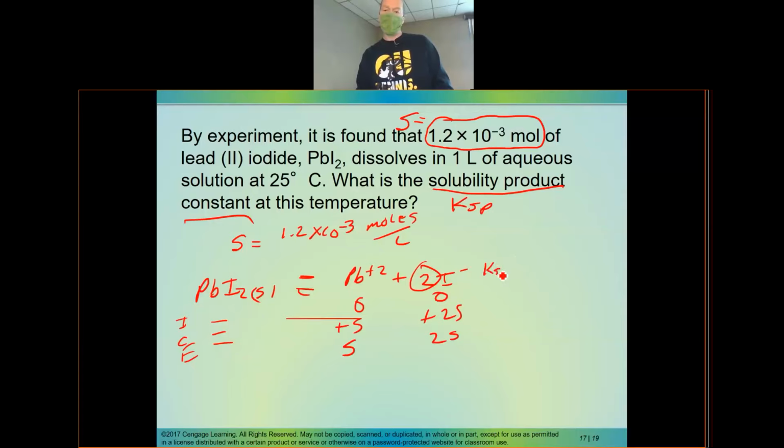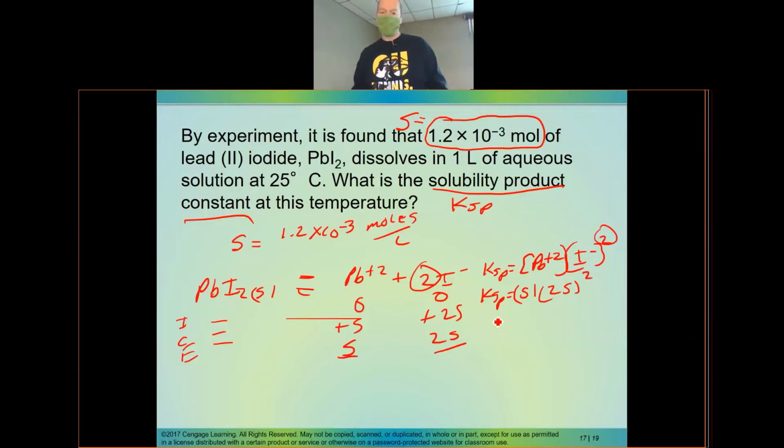Then you always should write the expression for KSP. This is your Pb plus 2 times your I minus squared. Then you plug in your equilibrium concentrations. Your KSP is equal to S for your Pb plus 2, times your 2S quantity raised to the second.